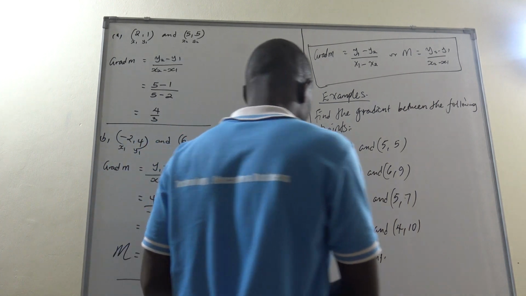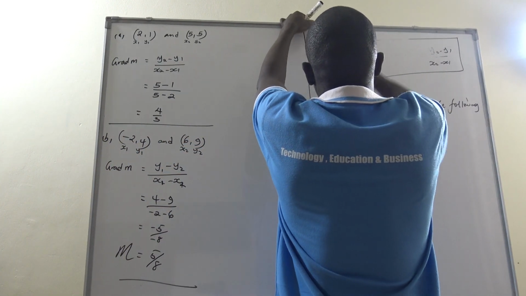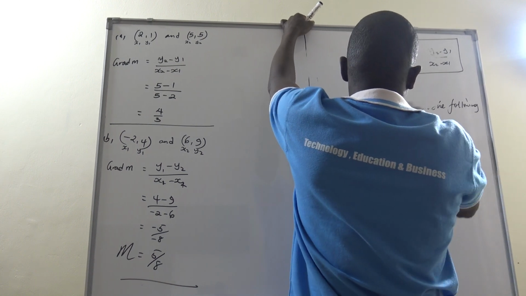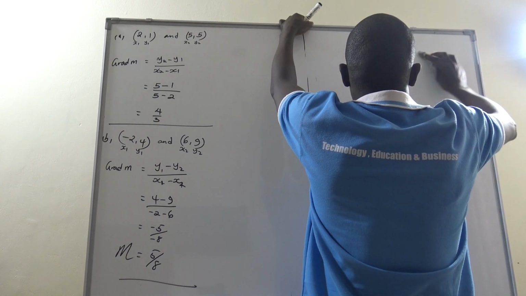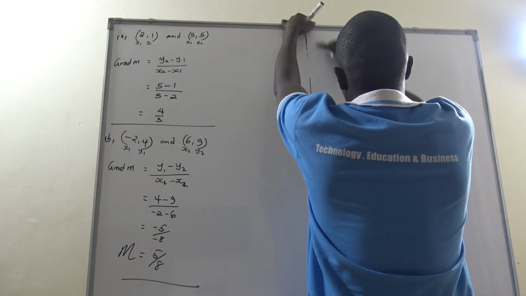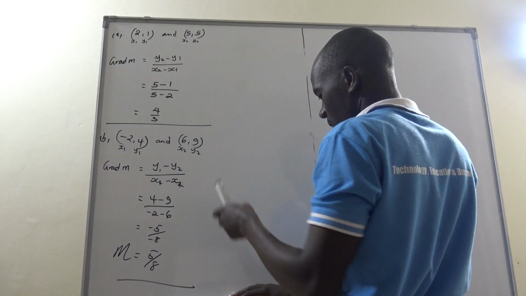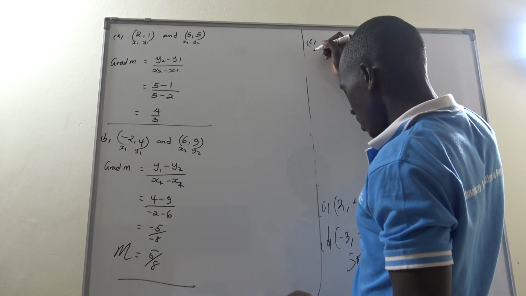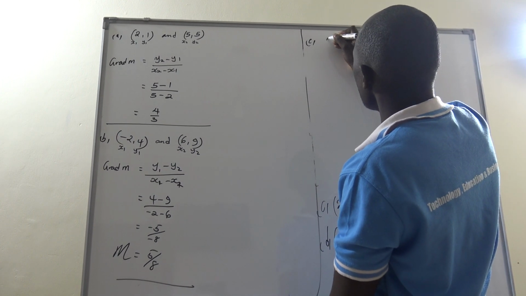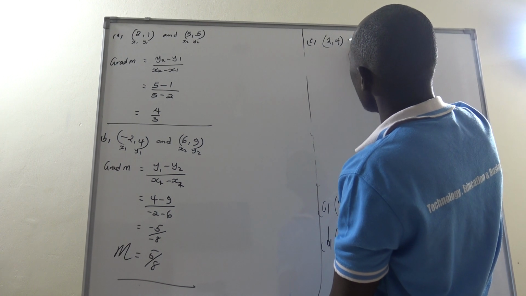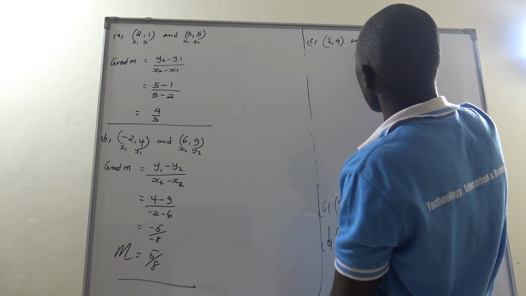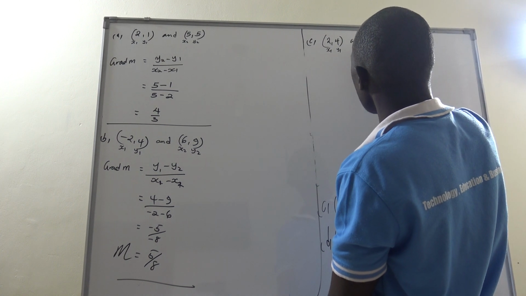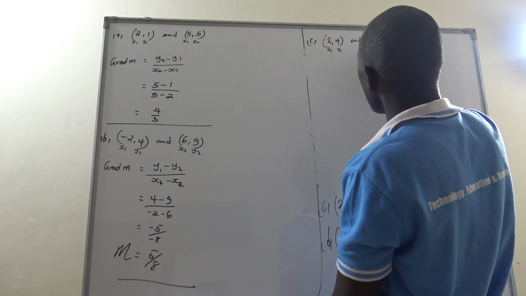So we are going to part C, which is having 2, 4 and 5, 7. Still this is x1, y1, x2, y2.